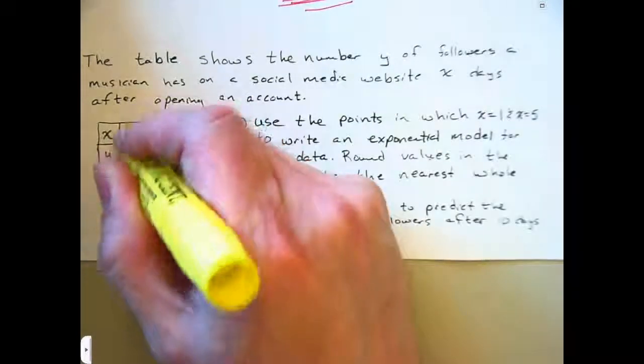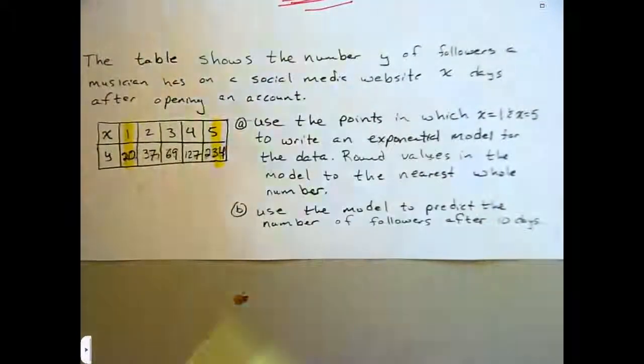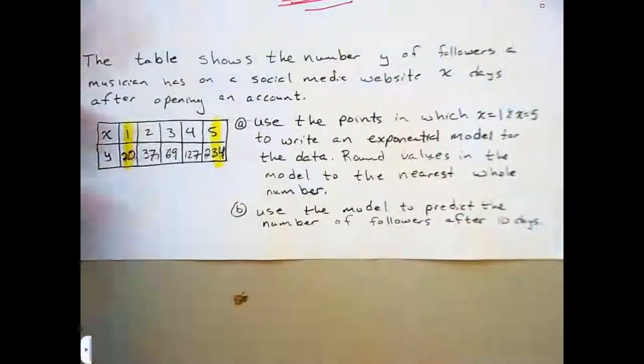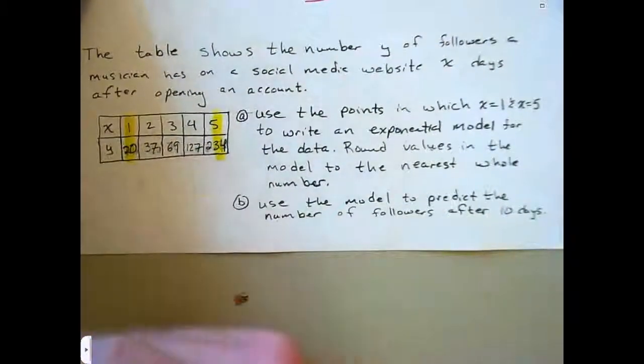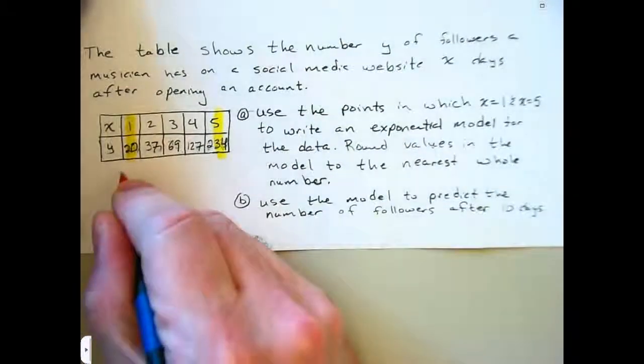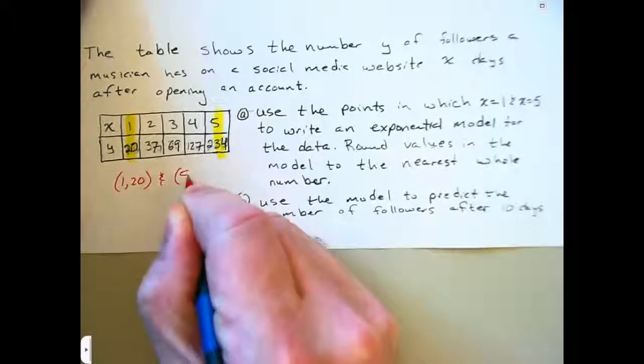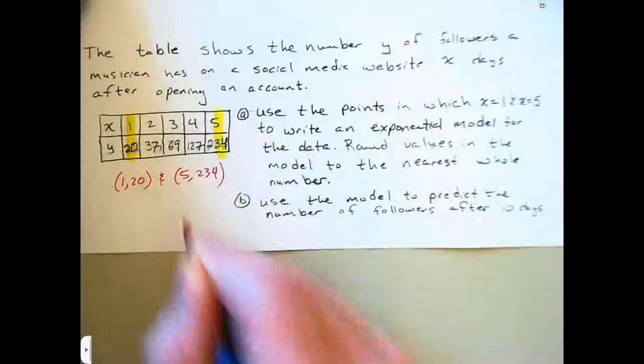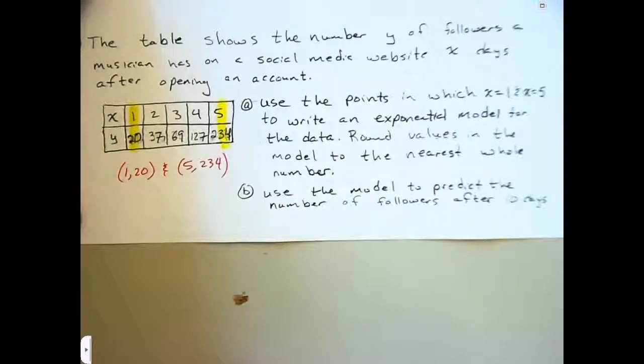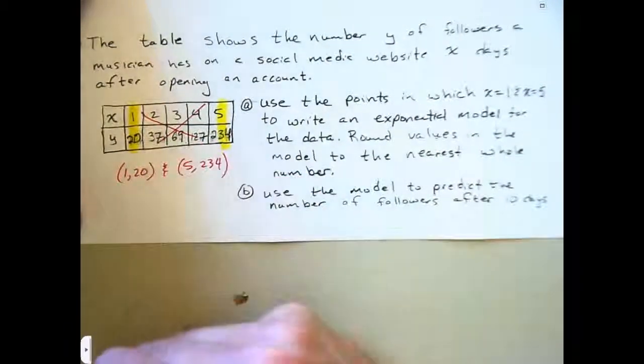They're saying take this point and take that point and write an exponential function. In other words, they're asking you to do what we did on one of our assignments. Like you have the coordinate 1, 20 and you have the coordinate 5, 234. Write an exponential model for that. Ignore all this other junk they gave you. That's what they're saying. Okay?